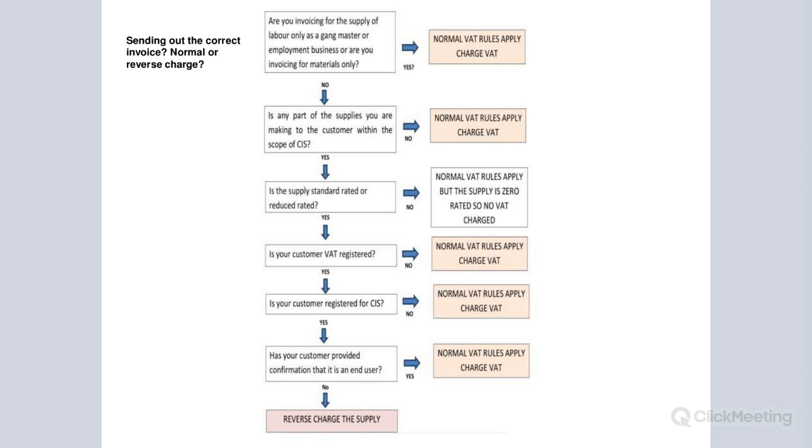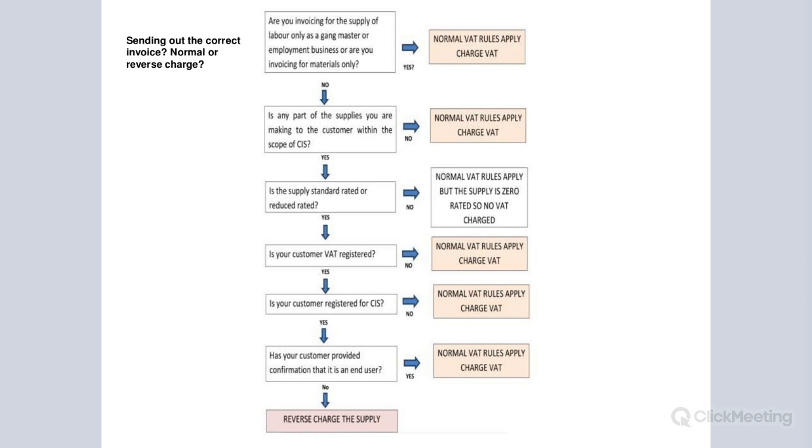If you're working for a house builder and you're 0 rating, you would slide off to the normal rules apply, but it's a 0 rated invoice. On the basis that you are the civil engineering industry and peripheral trades, the chances are that the supplies you're making are standard rated. And you're coming straight down to the box, is your customer VAT registered?